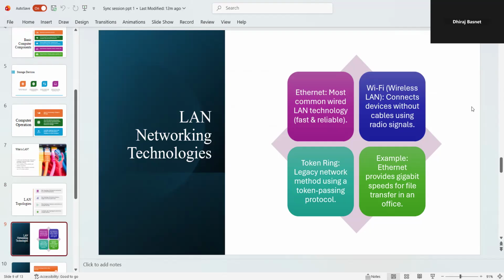Next is token ring, an older technology where a token passes between computers to control data transmission. I also have one example: an Ethernet connection in an office can provide gigabit speed, making file transfer and large data handling much faster than a wireless connection.